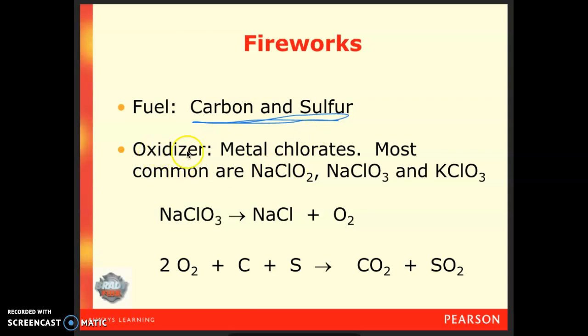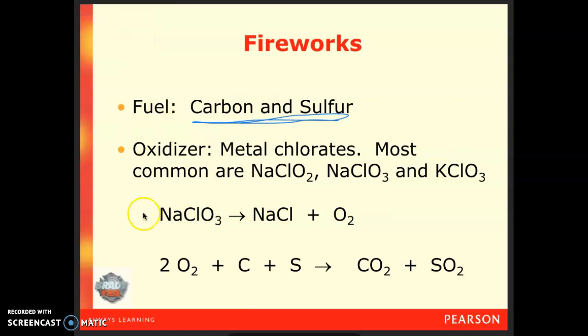Oxidizers, most of them fall into the chlorate categories. Again, the sodium chlorite, ClO2, the sodium chlorate, ClO3, the potassium chlorate, ClO3 again. And we saw in the last video, the Screaming Gummy Bear, the impact that chlorates have on reactions such as this.